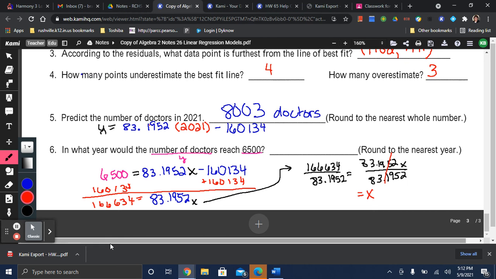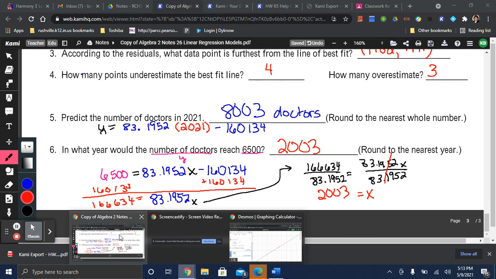So 2003 would be the year that your number of doctors would reach 6,500. So in the year 2003. So that's an example of the work that you'll be doing, and how you can get on Desmos to do that. And so be sure you ask questions as you continue to work on your homework.